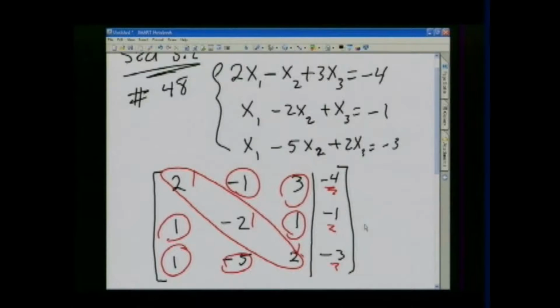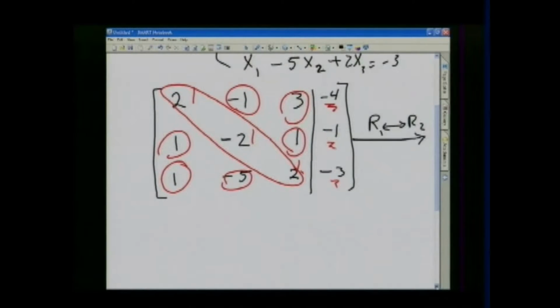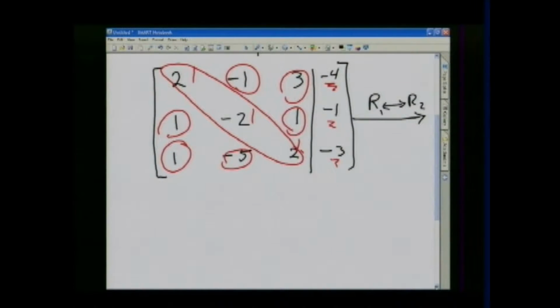What we're going to do first, I can switch row 1 and row 2. So that automatically gives me a 1 on the first row. I'm going to rewrite this.